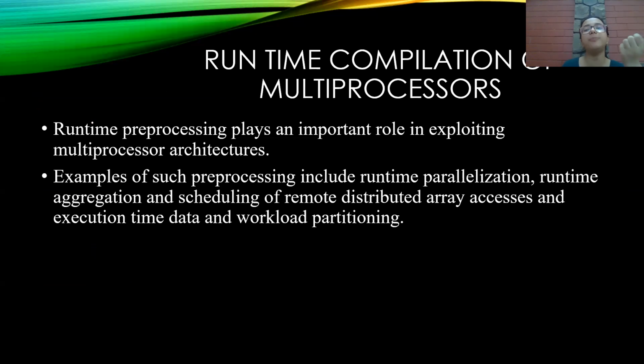Examples of such pre-processing include runtime parallelization. As we know, runtime parallelization means running different systems, different apps, different things at the same time. Other examples are parallel computing, runtime aggregation and scheduling of remote distributed array accesses, and execution time and data and workload partitioning.